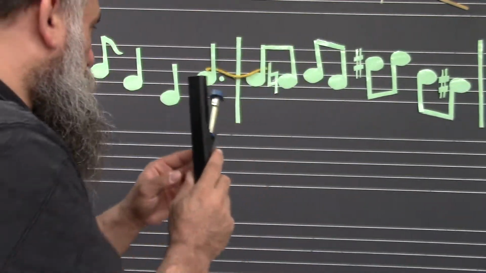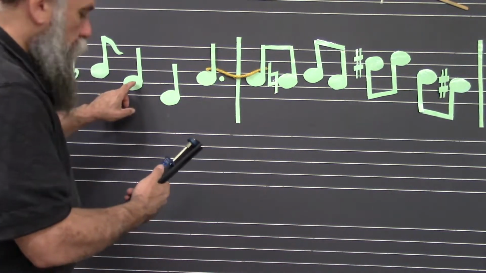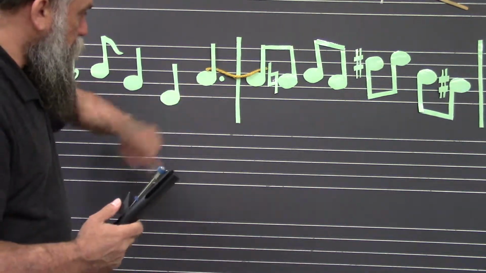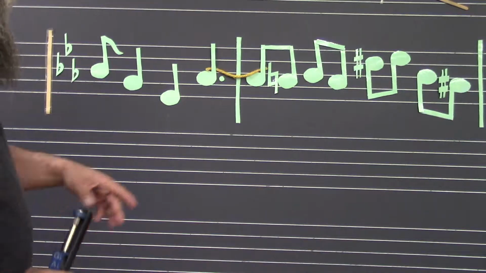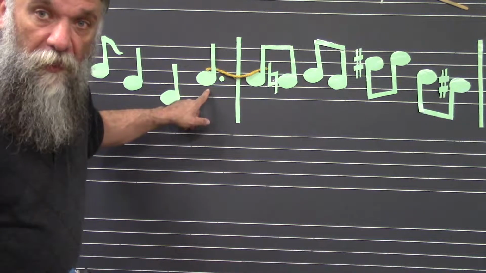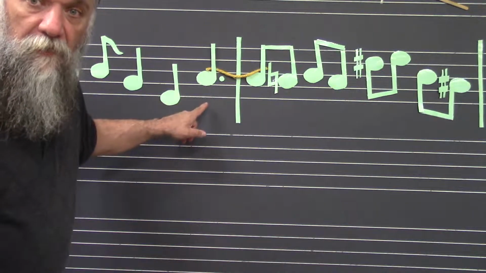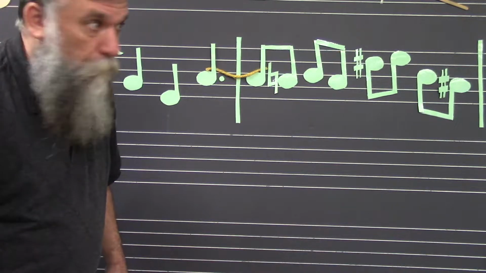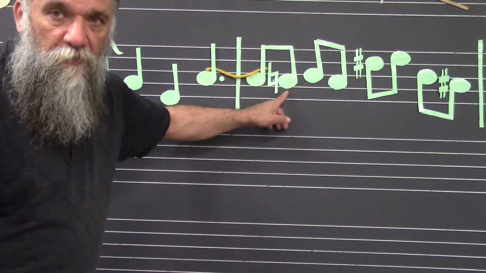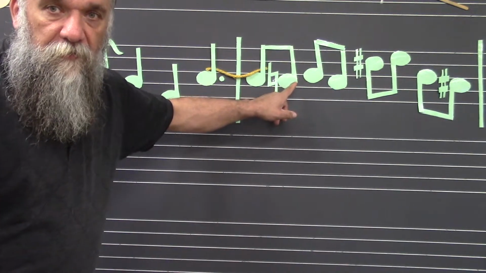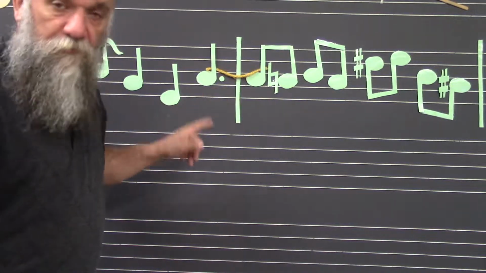So please don't pick up this bell for this G natural over here, because the G natural is silver. Black bells are flat. So on what beat do we play the A flat? We play it on the and of 3. On what beat do we stop it? We stop it on the and of 1, because the A natural is a different note than A flat.